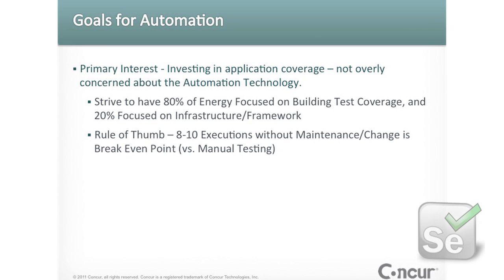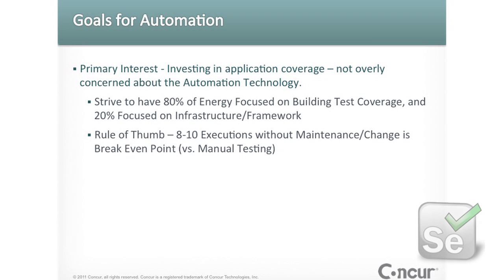Okay? So that's important, but remember, we want our automation to be expandable, to be scalable. So technology is important. It's just not the driver. We strive to have 80% of our automation efforts focused on building coverage and 20% on building framework.